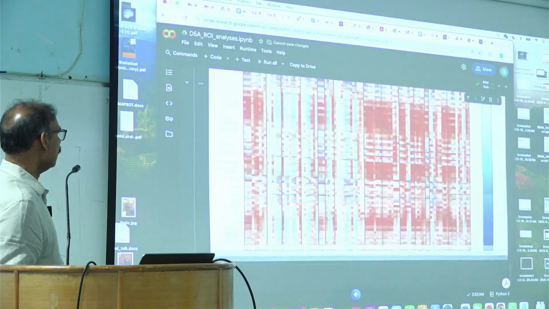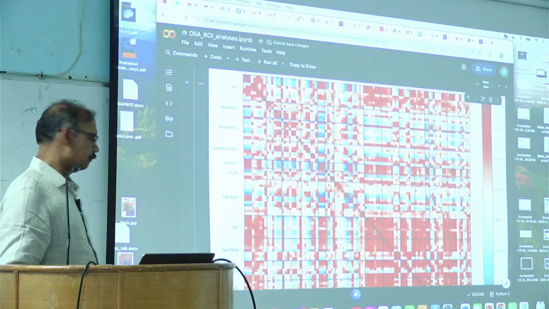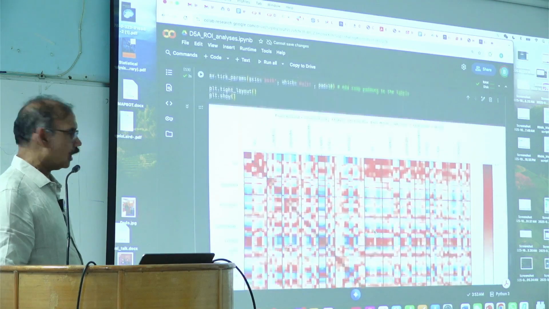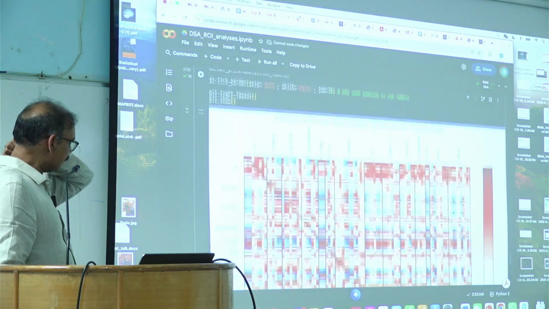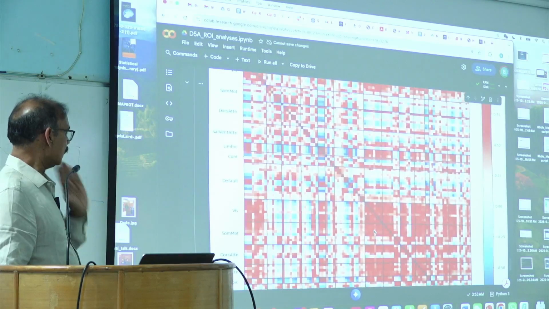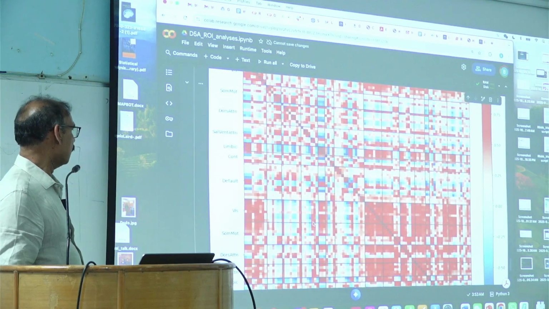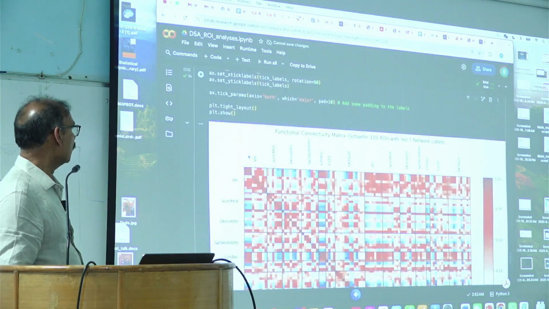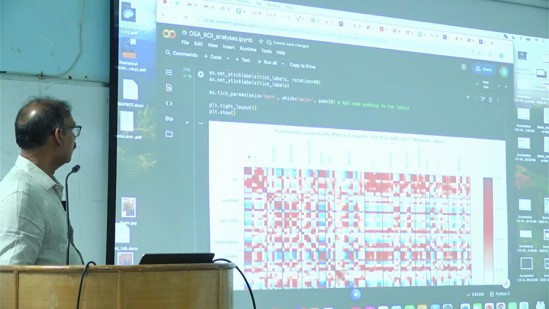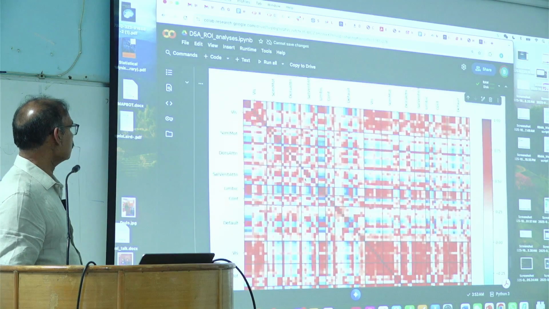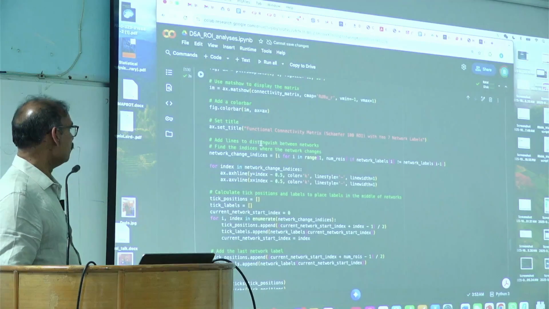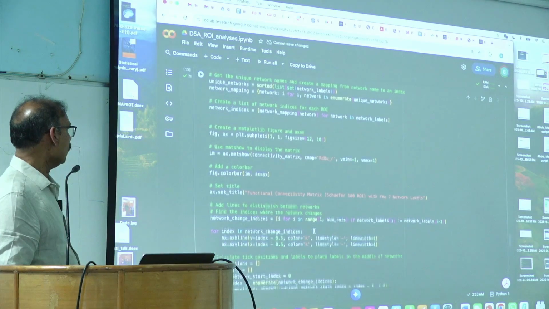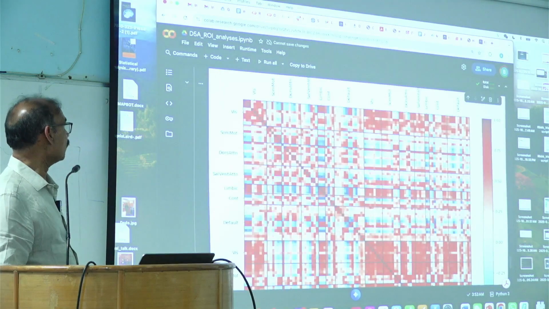I think for this purpose, if you have to run, just run this, and I will let you know the exact order. Okay, so for any data, you should be able to use this code to generate this correlation matrix.